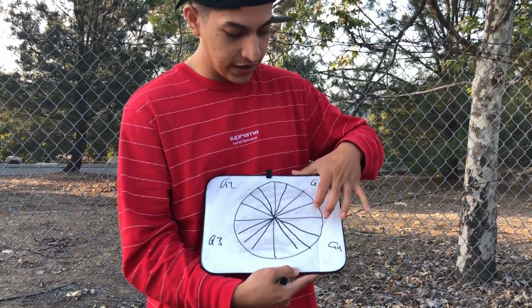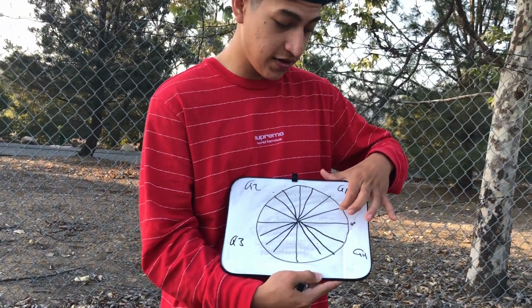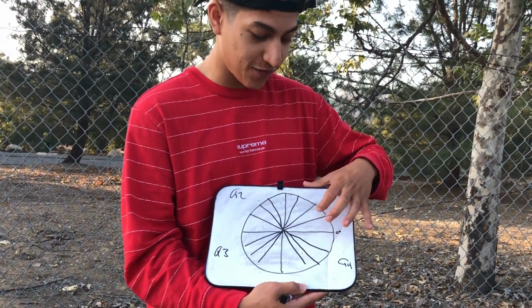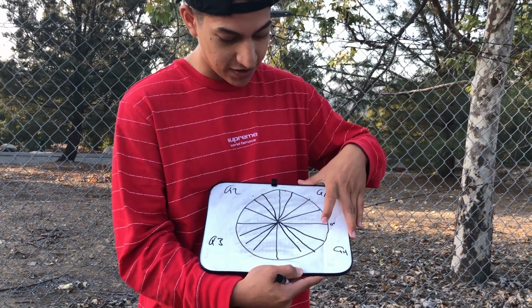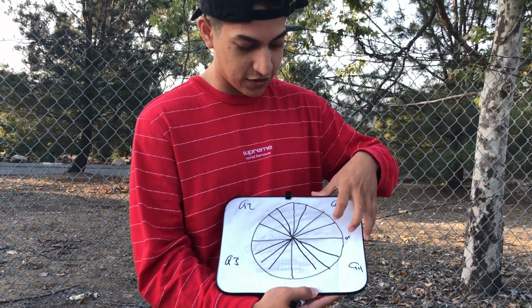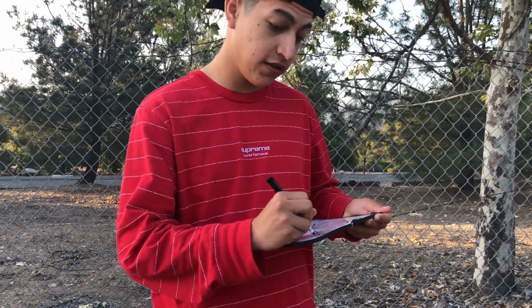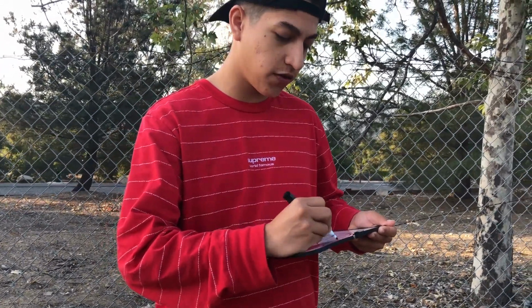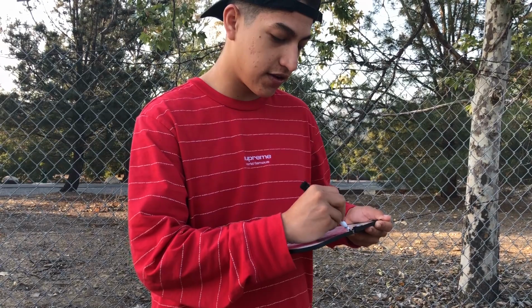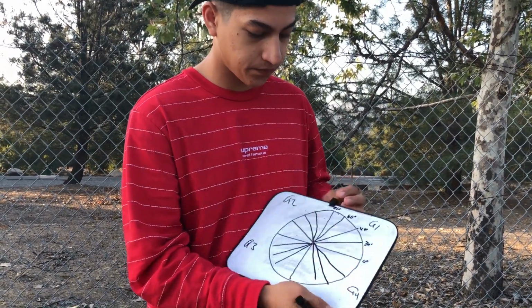This one is gonna be 30. Once you get to the line, it's gonna go up 15 degrees. You're gonna go up 15, it's gonna be 45. Another 15, it's gonna be 60. And then you're gonna get to your 90 degrees up here.